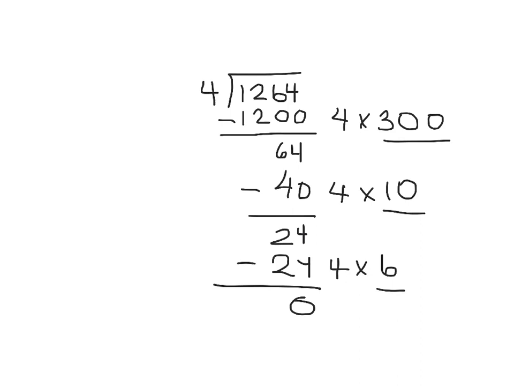I have to add together 300 and 10 and 6. And that is 316. And I'm going to write that right here. 316. 1,264 divided by 4 is 316.